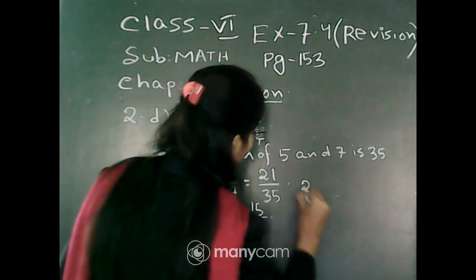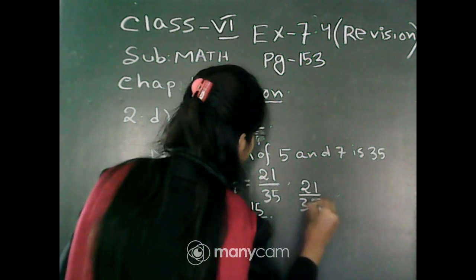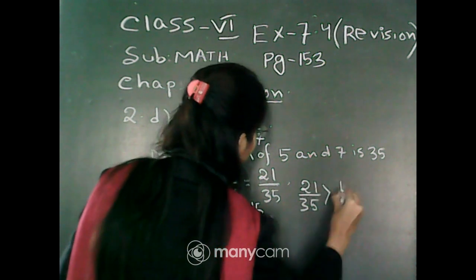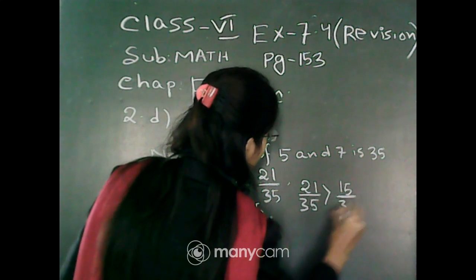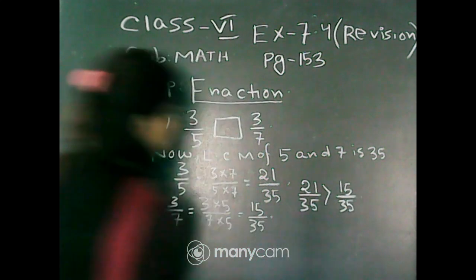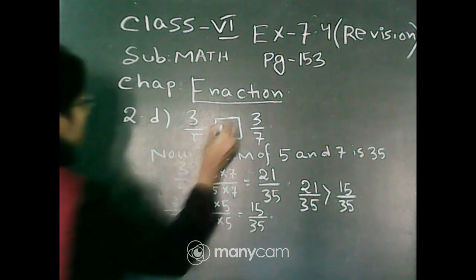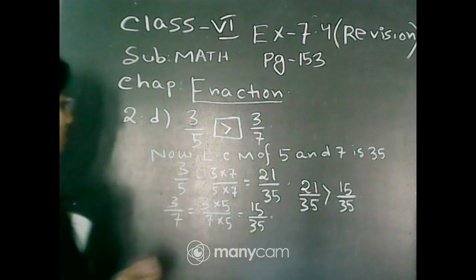Clearly, 21 divided by 35 is greater than 15 by 35. So, here the sign is greater than.